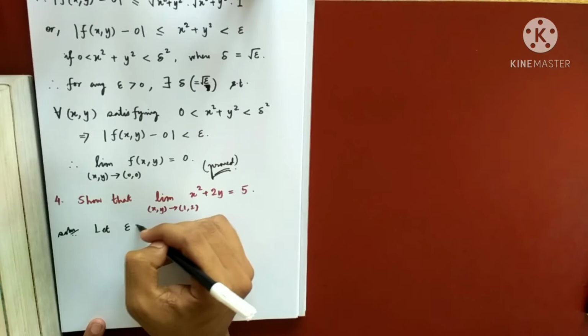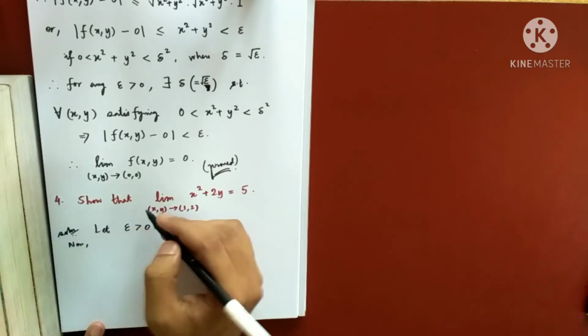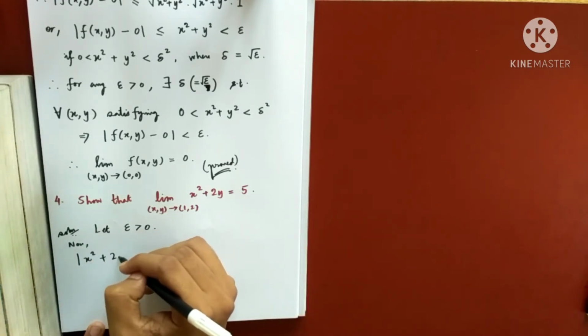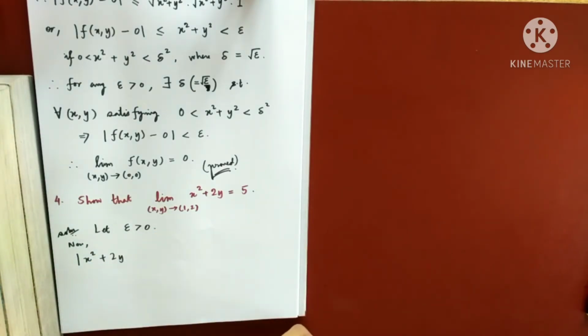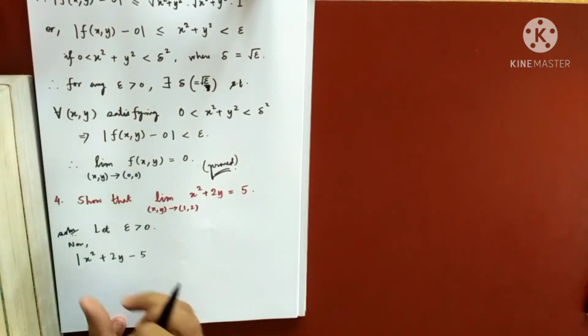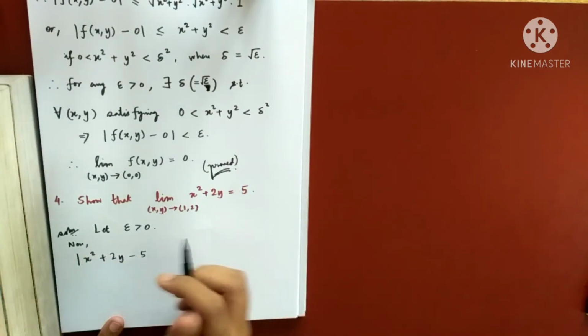Solution: Let epsilon be any number greater than 0. We shall start with this quantity. This is my function. The domain this time is R2. My function is defined for every pair (x, y). f(x, y) minus the limit value. The limit value is 5, and this is the function.